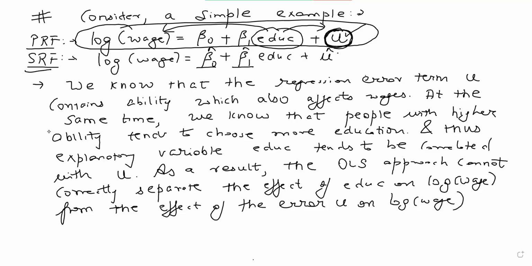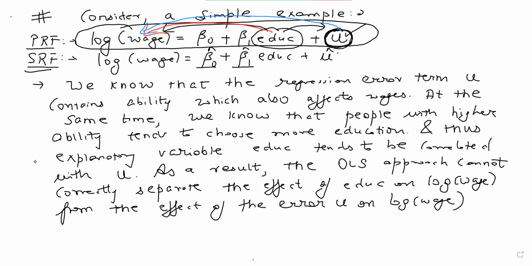So if I show it, the impact of education on log of wage, which is the red, cannot be distinguished from the blue color, which is the impact of u on log of wage, because education and u themselves tend to be correlated with each other. The red impact cannot be distinguished from the blue impact, as you can see in the population regression function.